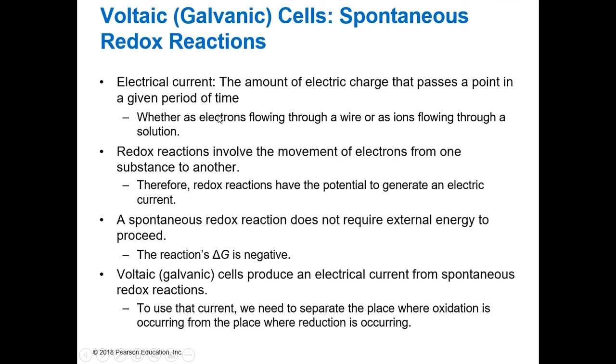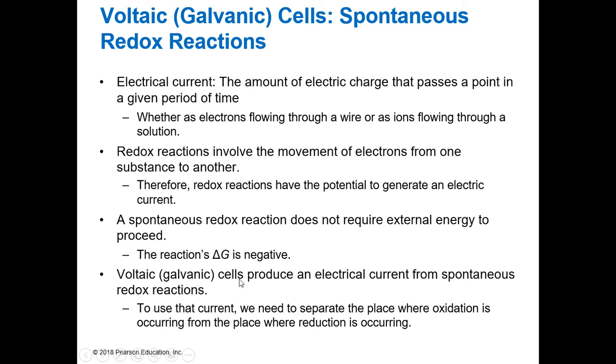These electrons flowing through a wire, we can look and figure out the electrical current. A spontaneous redox reaction that does not require external energy would have a delta G that is negative. So a Gibbs free energy that's negative, right? We already talked about before, is spontaneous.